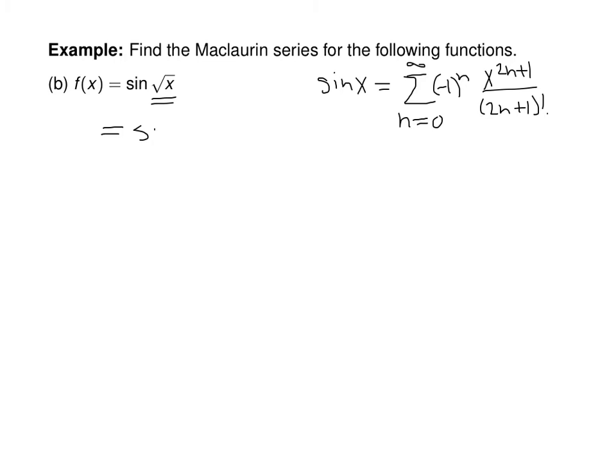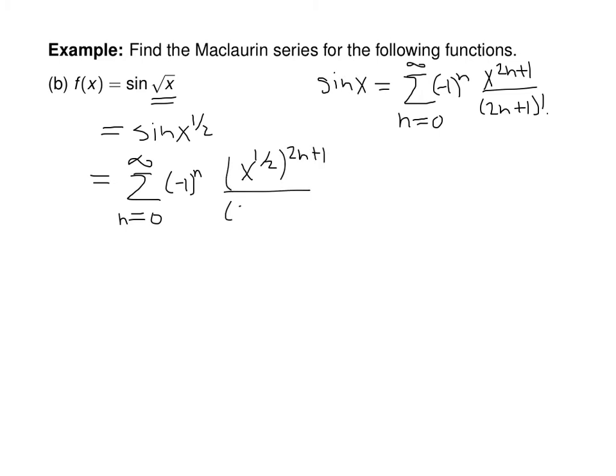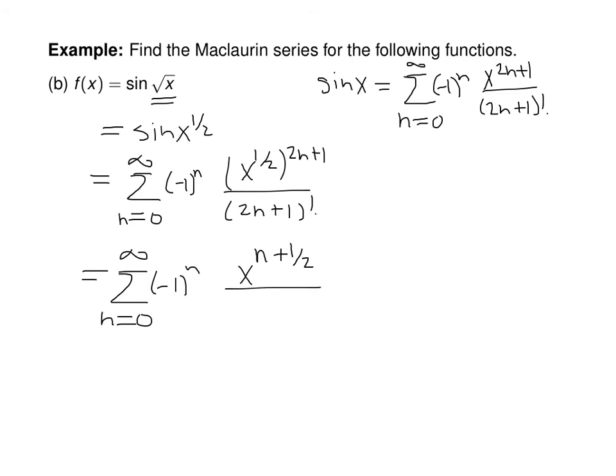So that's the same thing as sine of x to the 1/2 power, or the sum from n equals 0 to infinity, negative 1 to the n, x to the 1/2 to the power of 2n plus 1, all over 2n plus 1 factorial, which is the same thing as the sum from 0 to infinity, negative 1 to the n, x to the n plus 1/2, all over 2n plus 1 factorial.